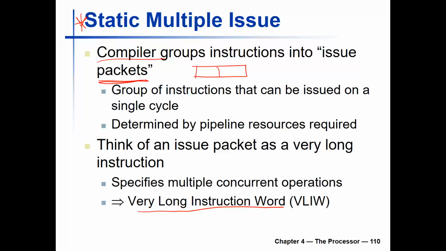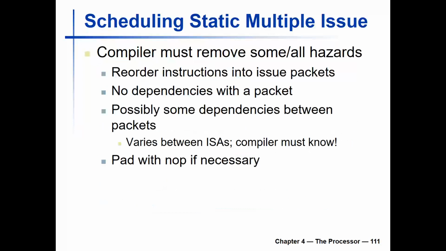So the compiler will put those instructions in packets, and when we issue those packets, we are really issuing a VLIW instruction. Okay. Now, here it's the compiler's responsibility to remove all the hazards, as we have indicated earlier, through reordering. It has to make sure that there is no dependency within the packet. Possibly there might be dependency between packets, so it has to pad with no ops.